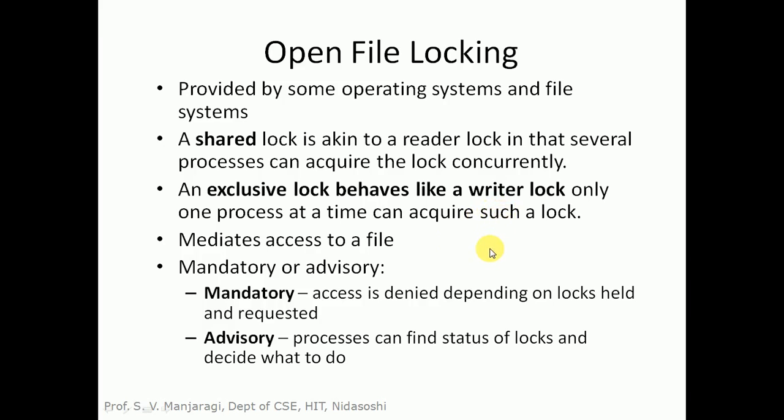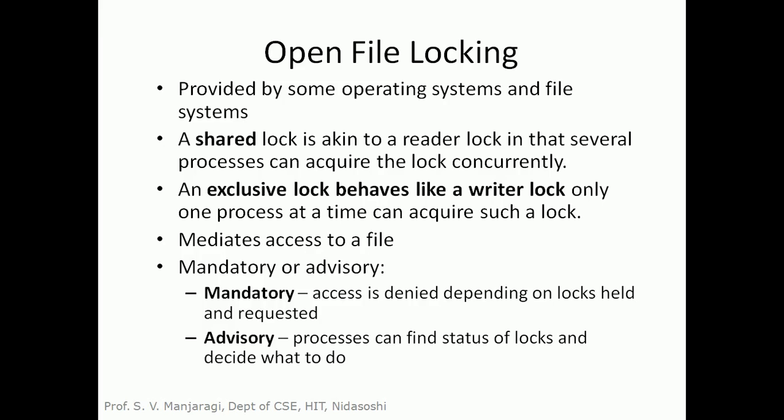Whenever a process acquires an exclusive lock or writer lock, it is modifying the contents of the file. If one process is modifying the contents of the file, no other process can either write or read that particular file. So it is called an exclusive lock or writer lock.